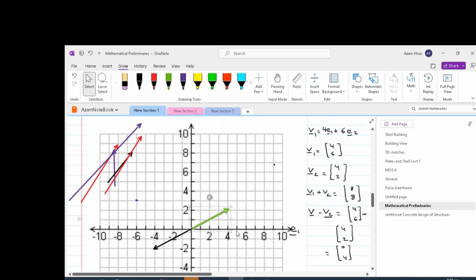Imagine we have this vector whose components are 4, 2. We can draw another vector which has the same magnitude but opposite in direction. So the components of this black vector would be -4, -2. Now, if we take combinations of these two vectors, it will give us all the vectors which are along this line or which are collinear to this line.